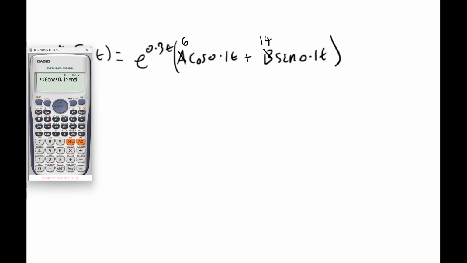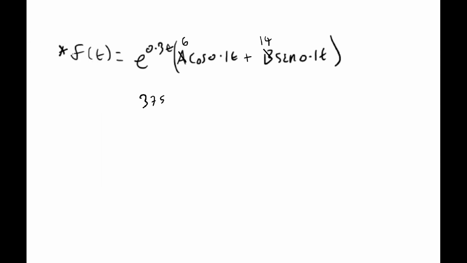I don't typically suggest substituting something like this straight into a calculator. And that gives us 3,754 approximately. Now, the mark scheme for this says 3,750, but this is the more exact solution.